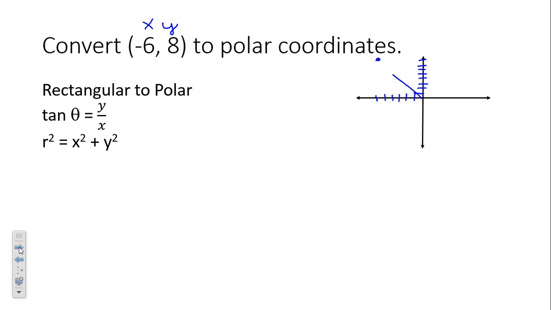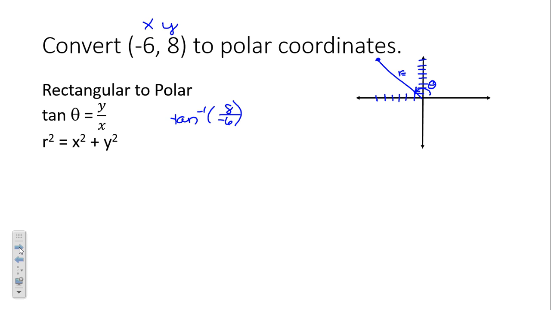So we have to figure out what our theta is and what our R is. So we're going to use the tangent of theta equals y over x, right? So we'll end up taking the inverse tangent of the y, which is the 8, over the x, which is the -6.